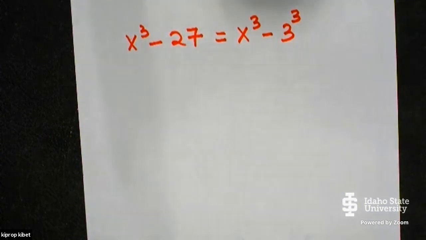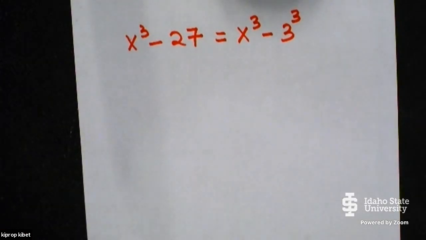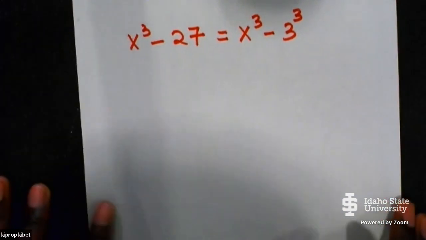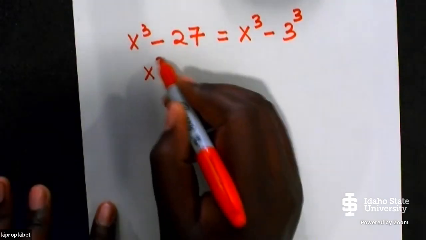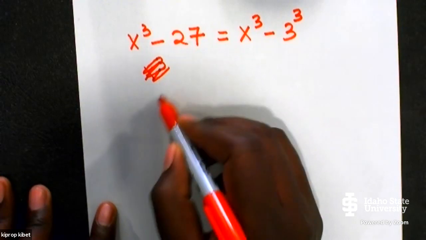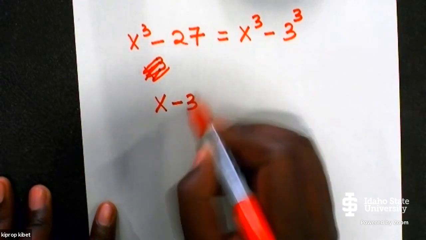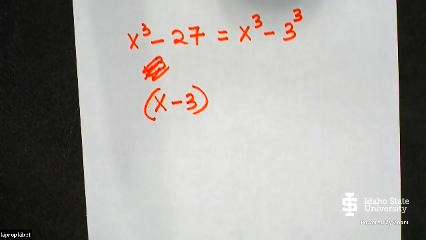So that is similar to x cubed minus 3 cubed. Now, because this is a perfect cube, then this is like x minus 3 there. Okay? X minus 3 there.